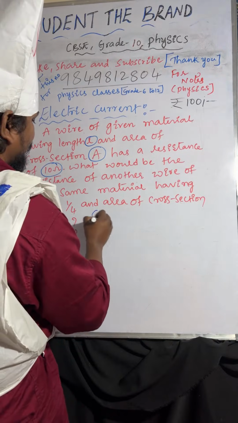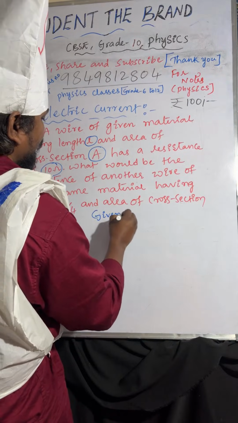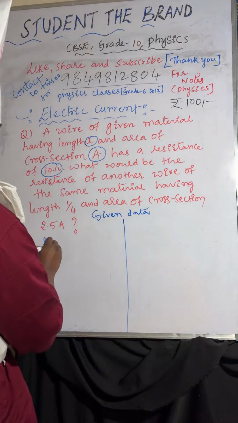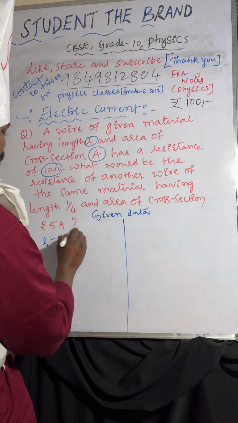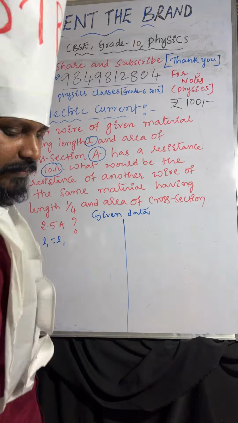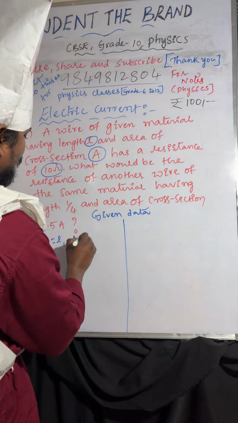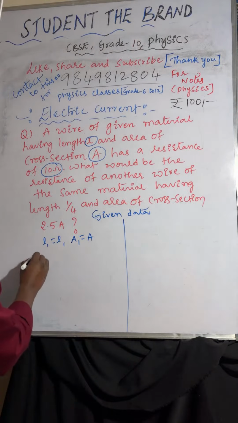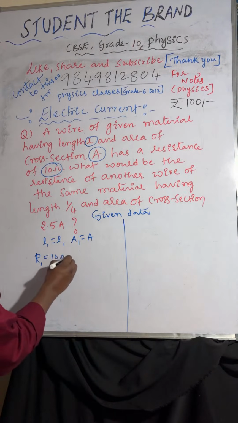That is nothing but given data. So the data is given: L1 equal to L2, sorry, A1 equal to A2 equal to A, and coming to the resistance, R1 equal to 10 ohm, right?